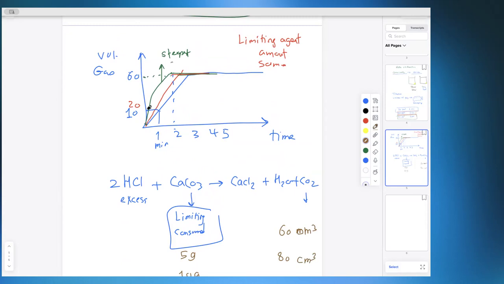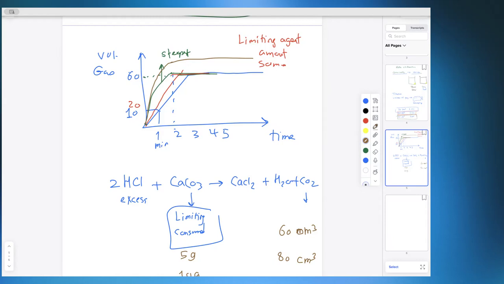So the curve will be not only steeper, but higher. Higher means what? Higher means I have produced more volume of the gas. Why did I produce more volume of the gas? Because I have more limiting reagent to react.